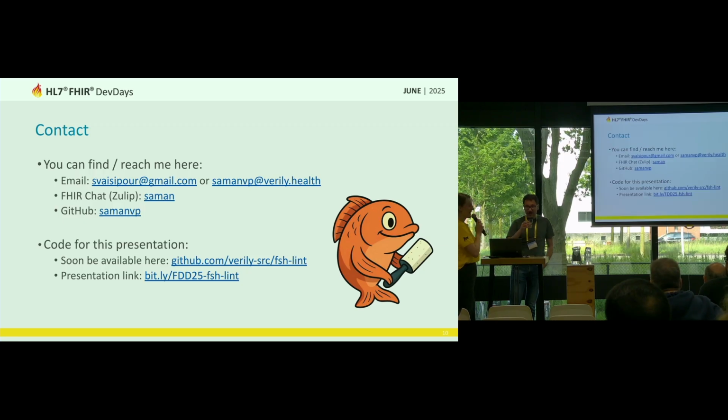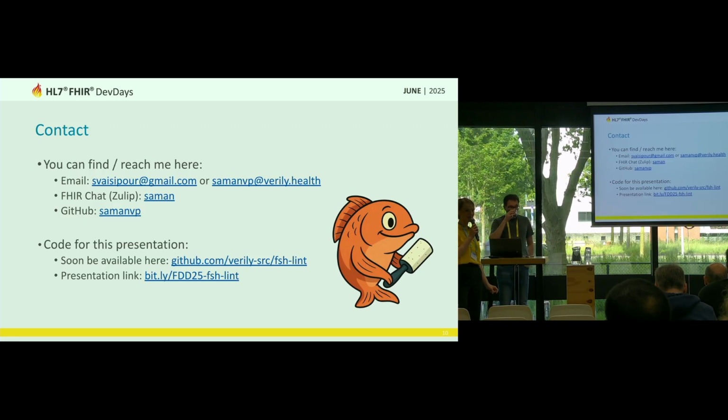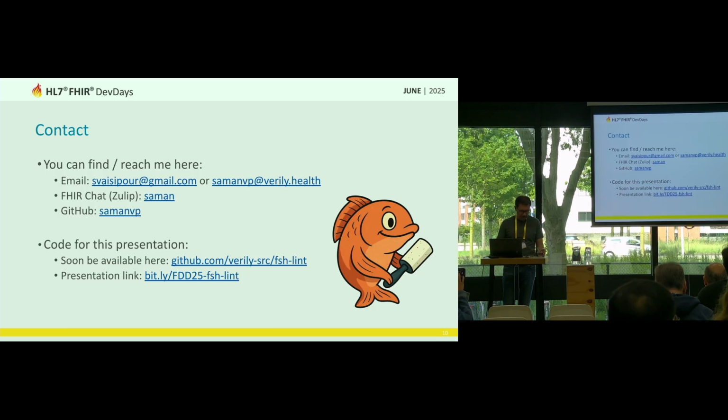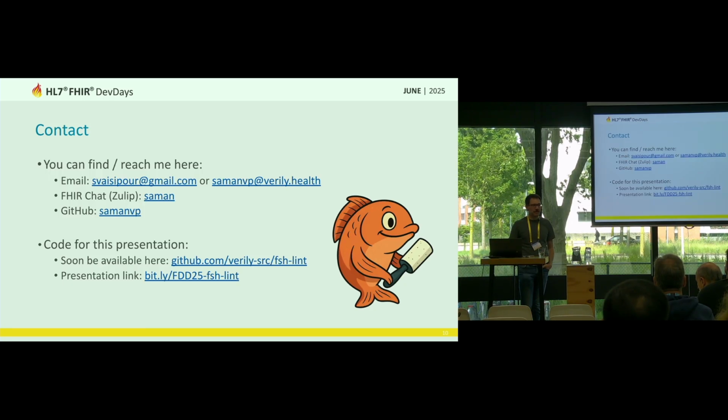Thank you. Any questions? Thanks, Saman. This is a really great effort. I have two questions for you. How do you think it would be to add a rule for consistency in something like canonical URLs?